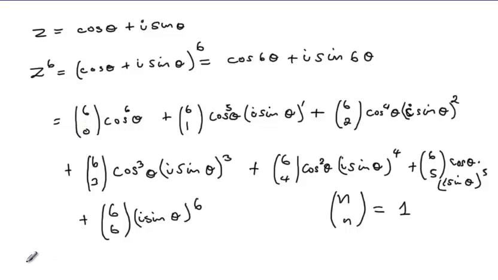So when we expand this, just check what's going to happen here. We're going to get cosine 6 theta. And then the first coefficient is going to be 6, so plus I, in brackets 6, cosine power 5 sine theta. In the next term here, what is that going to be? It's going to be 6 times 5 over 2 factorial.